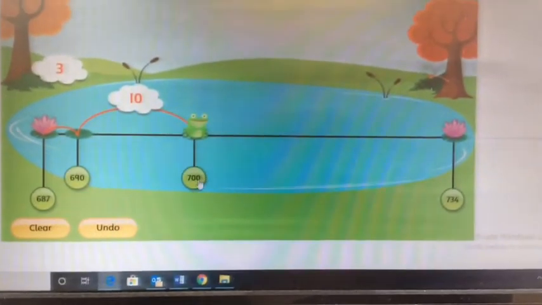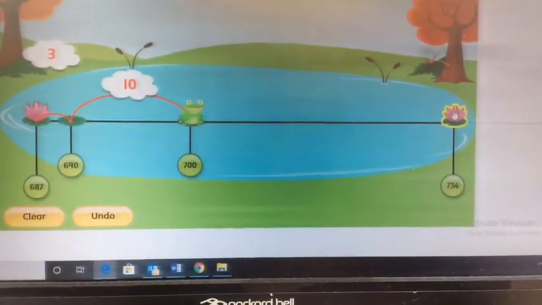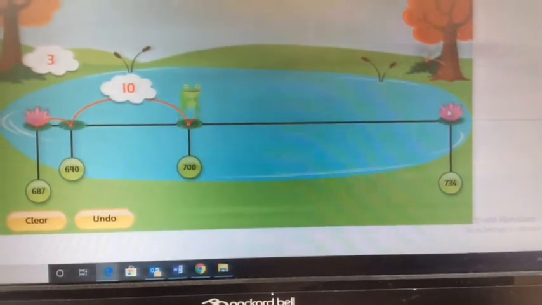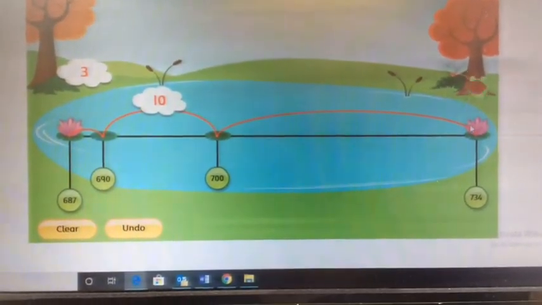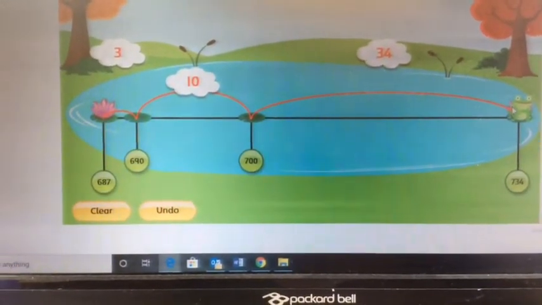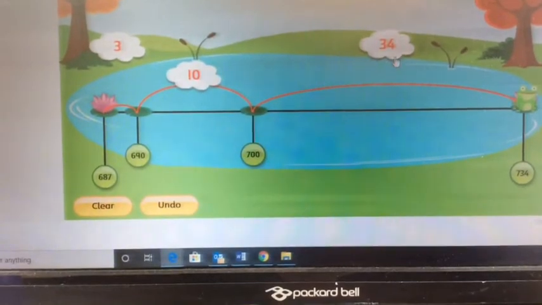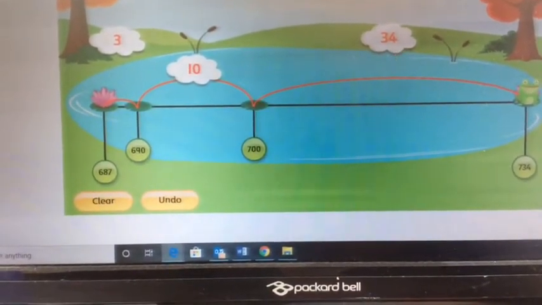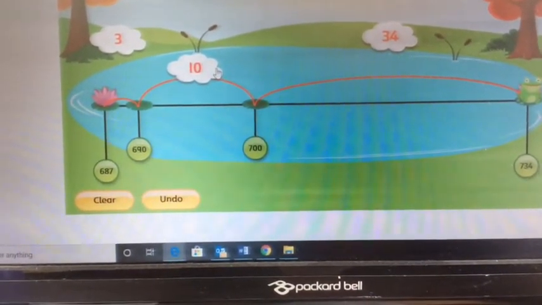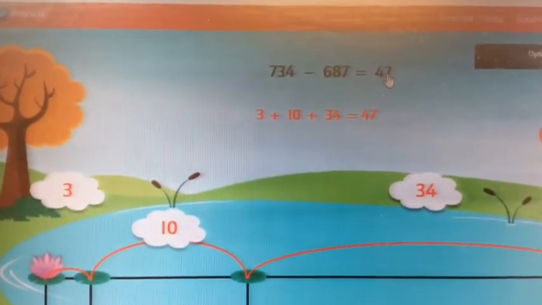And then from 700 to 734, that's easy. You're just adding on the 34, aren't you? And to work out the difference between the two numbers, you wouldn't start at 3, then add 10, then add 34. I would do 34, add 10 is 44, add 3, 47. Ta-da!